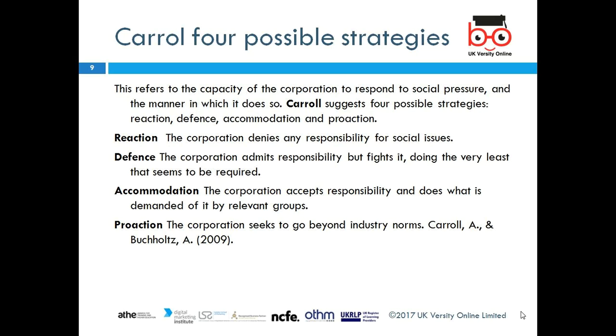Defense: the corporation admits the responsibility but fights it, doing the very least that seems to be required. Accommodation: the corporation accepts the responsibility and does what is demanded of it by the relevant group. And proaction: the corporation seeks to go beyond the industry norms.